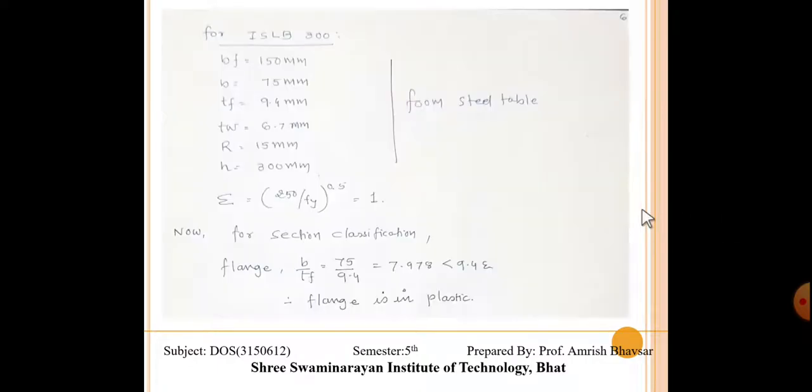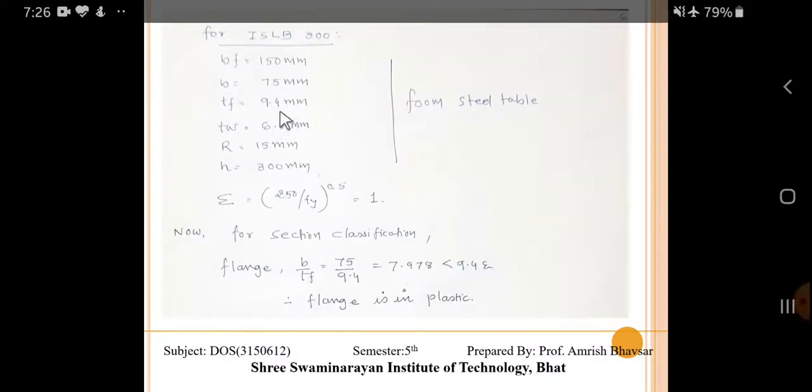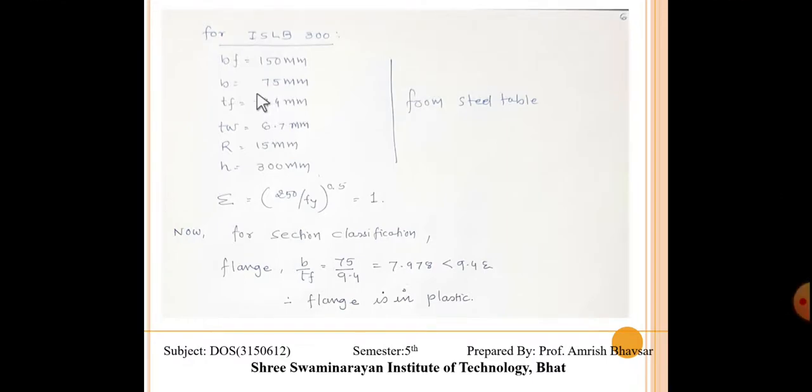Clear? Now for ISLB 300, BF is equal to 150, b is equal to 75, half of this, thickness of flange, thickness of web, R and H, all the details are given in the steel table.